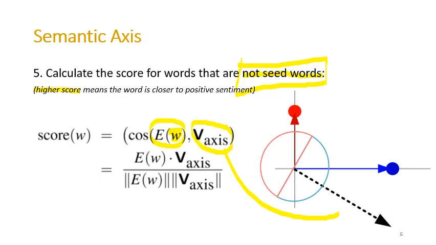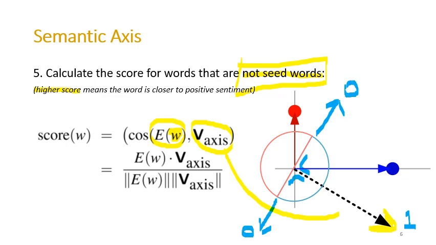If we look at this graphically, this black arrow is our semantic axis. Any vector that is exactly going through this direction will have a cosine similarity of 1. Any vector that is exactly perpendicular to this vector, which means going there, will have cosine similarity of 0.